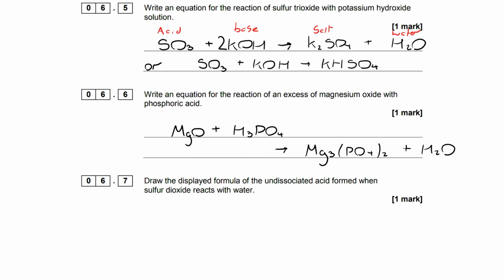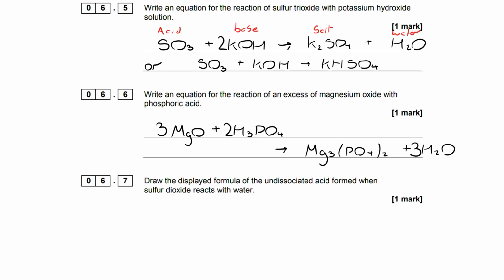And we know that water is the secondary product. Now, getting the formula of Mg3(PO4)2 does rely on you knowing that a phosphate ion has a charge of -3. And it's those tiny details that are going to be the sticking points if you haven't got that command of the information that's required.